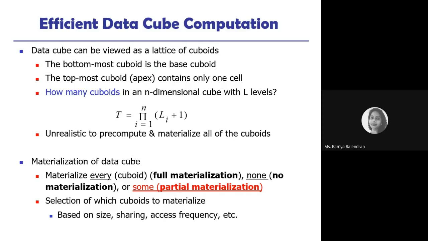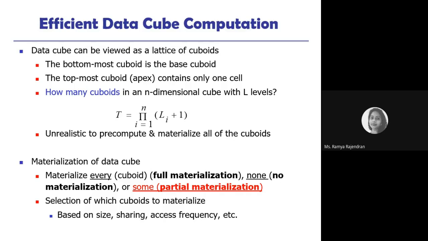As I told you before, it is completely unrealistic to compute and keep all your data cubes with you. But if you need, you can always go and compute. How to materialize this data cube: sometimes you materialize everything, which means you compute all the data cubes and keep them alive. That is called full materialization.